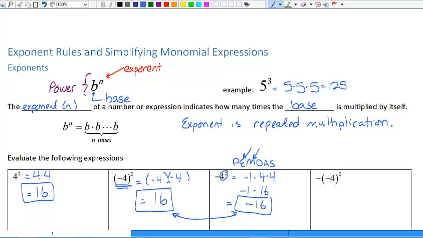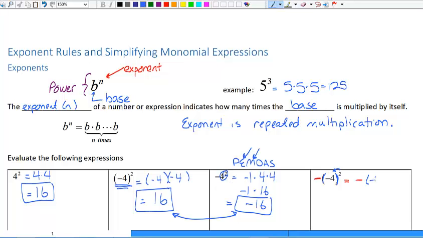So let's try to interpret this one. We have a negative on the outside and then we have a negative on the inside. Well, this negative on the outside, I'm going to do this one in red. Now the parentheses has a negative on the inside too, but the parentheses is being squared. The little exponent only applies to the thing immediately before it, and the thing immediately before the squared is the parentheses, which includes the whole thing. Like on the last one, the squared only applied to the thing before it, which was the 4, not the negative 4.